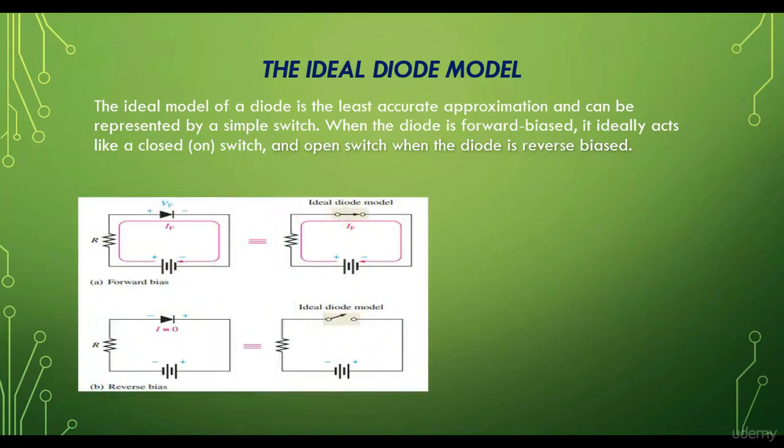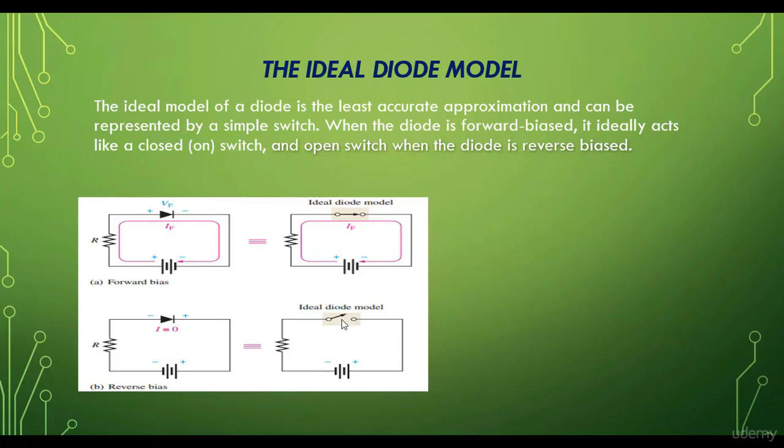In this figure, you can see when the diode is forward biased, the diode is replaced with a closed switch, and when the diode is reverse biased, there is no current flow through the circuit and the diode is replaced with the open switch.